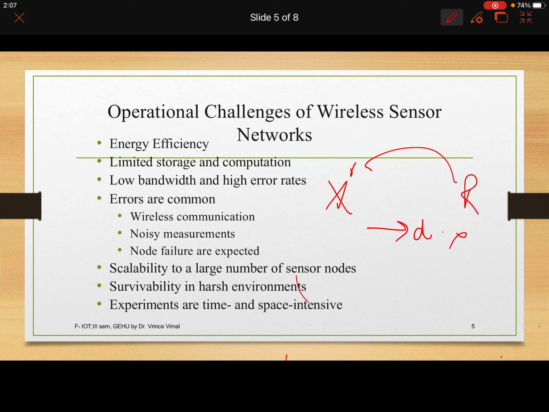Another problem is that when it is traveling through a wireless medium, a lot of noise gets induced on the signal. So when we receive a signal, we have to filter it and reconstruct the original signal.